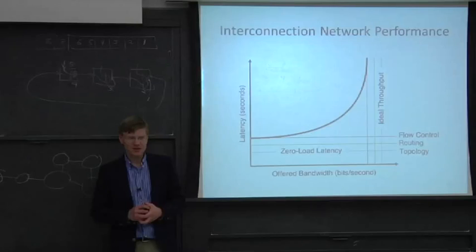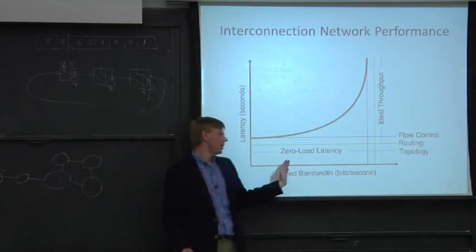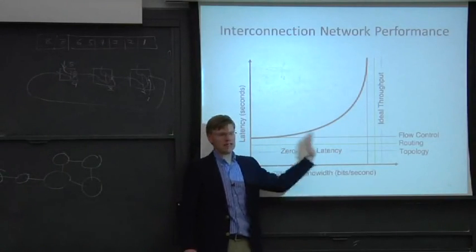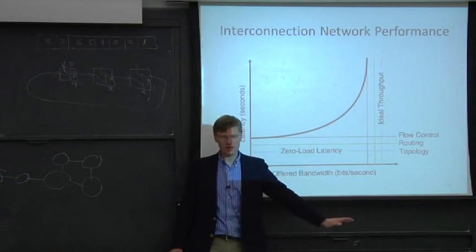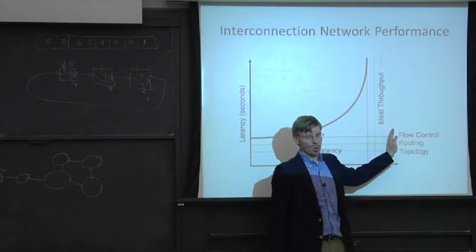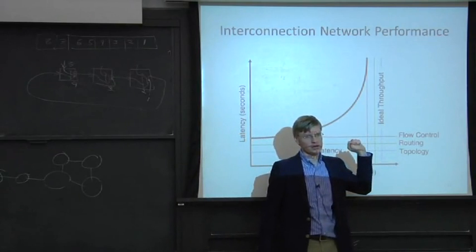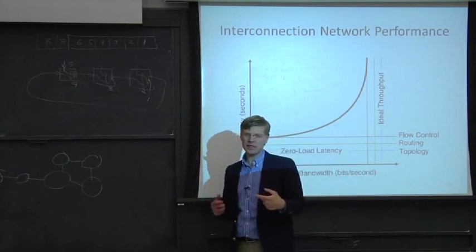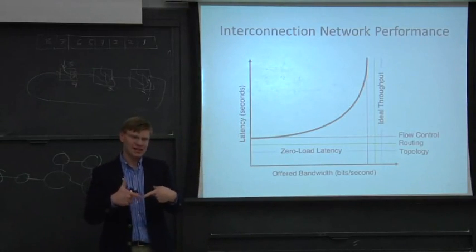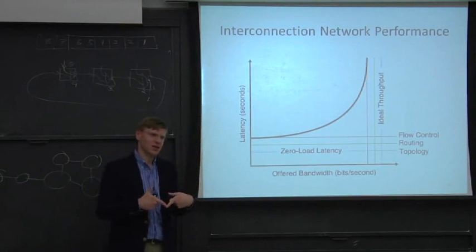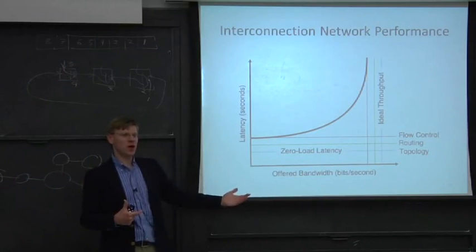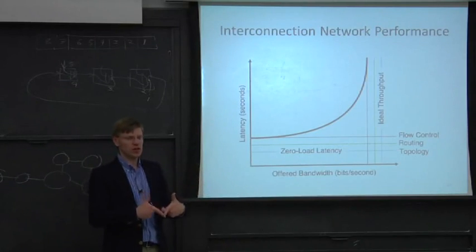It's pretty common that as you increase the bandwidth that you're using on any given network, the latency of the network goes up because you start to see more congestion in the network. So the probability that any two points are contended for will go up as you get closer to the maximum achievable bandwidth in the network.